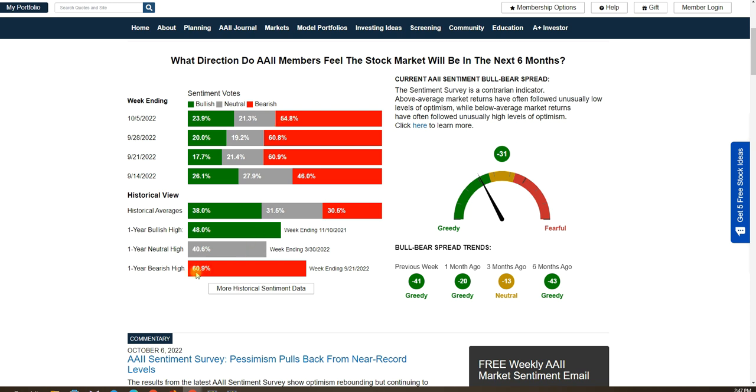This is one of the most bearish readings that I've ever seen since 2008, and that is 60% of the people last week told us that they are bearish. So when we are getting to the extreme 60%, you saw that there was a nice bounce off the low. But right now, still we are in a bearish sentiment.